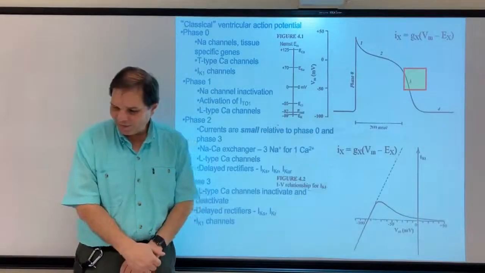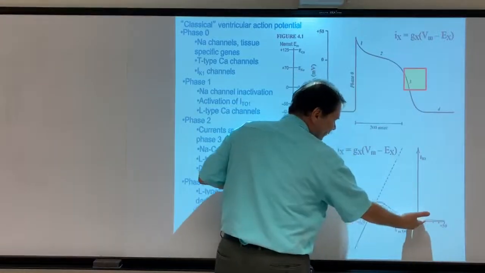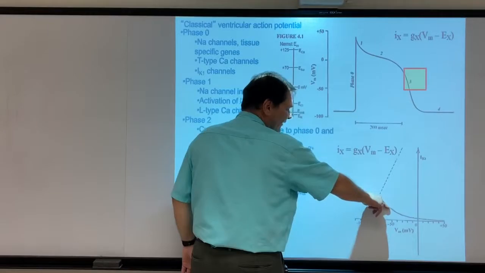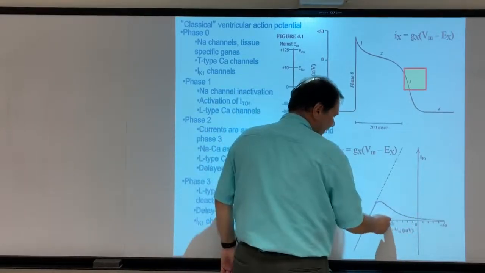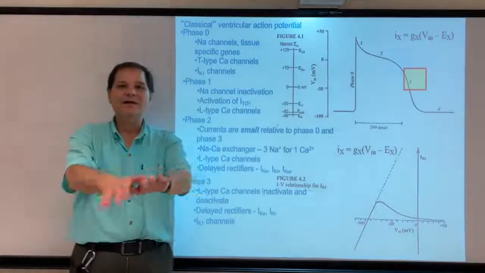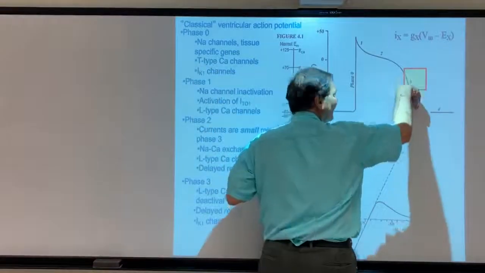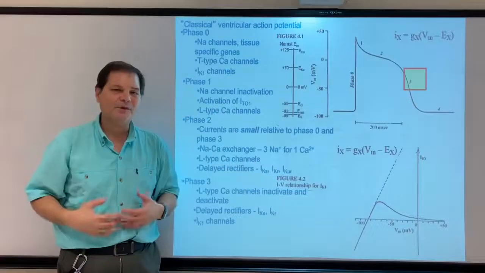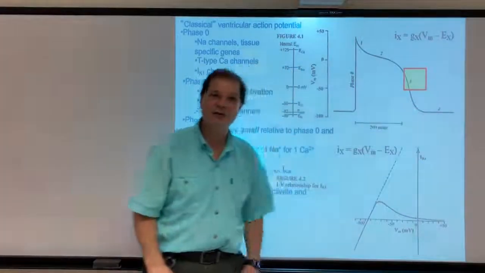Okay? And as you get toward the end of phase 3, look what's happening. Our voltage is coming back down again, and look at our inward rectifiers. The outward current is gradually going up as we get more and more negative. So they are also conducting an outward current, potassium leaving the cell, and so they help get this last bit of repolarization in, and they help bring this voltage down relatively rapidly toward rest.